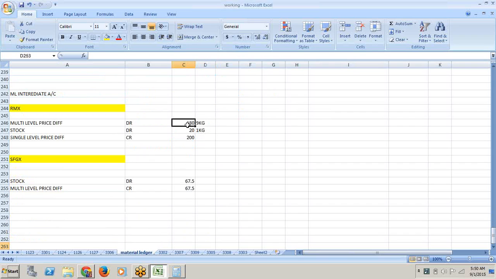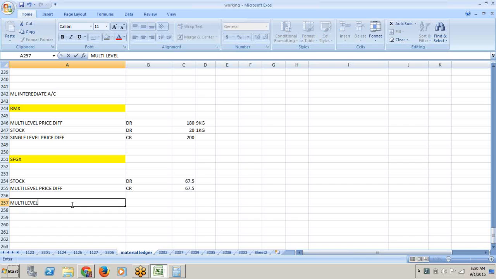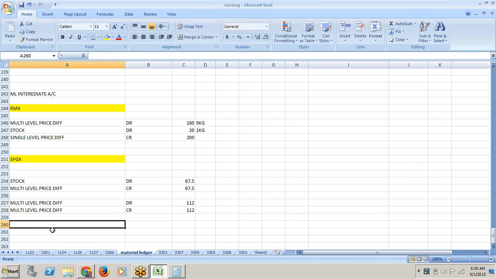So out of this 180, 112, we have to debit multi-level price difference. It will debit 112, and the same multi-level price difference will credit 112. Right? Next one.